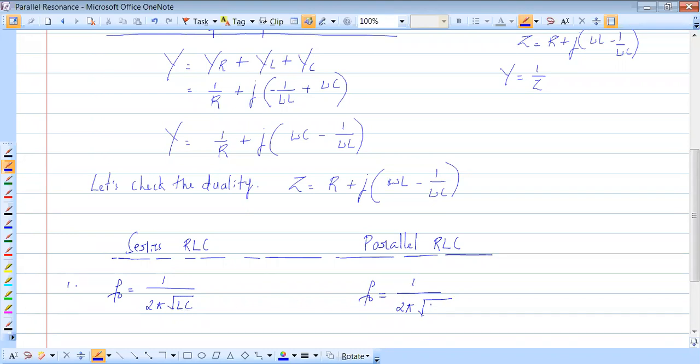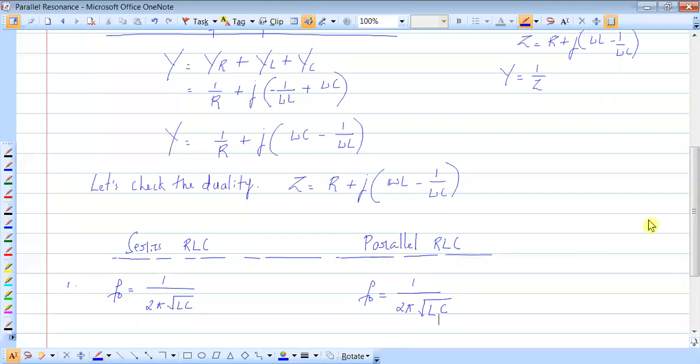So this would not change, because there is no R, only L and C. You will get the same equation. So the resonant frequency of series RLC circuit is going to be the same for the parallel RLC circuit. Is everybody okay with this?